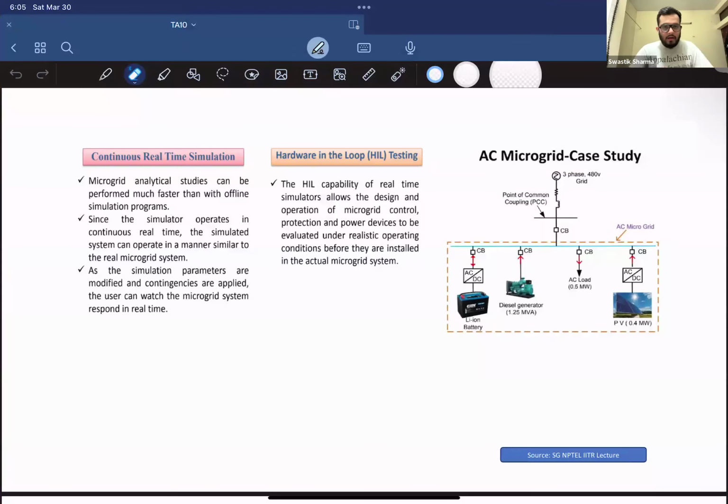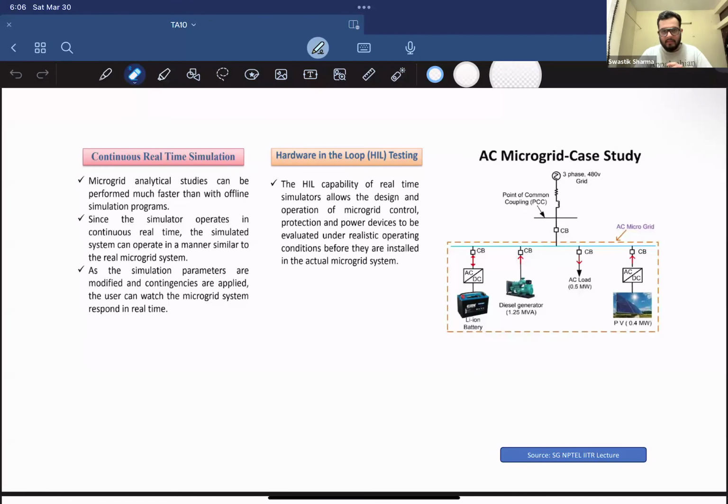Last class we started with demonstrations. The course has culminated to a point where we learned all about the control strategies, energy management schemes, etc. And now the instructor started presenting some case studies or demonstrations of the smart grid concepts on real-time simulation platforms.